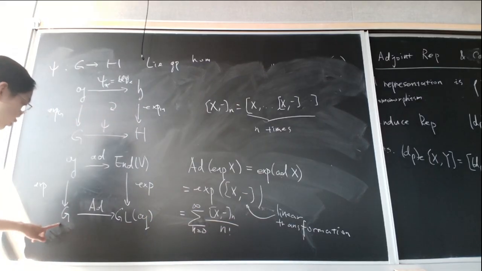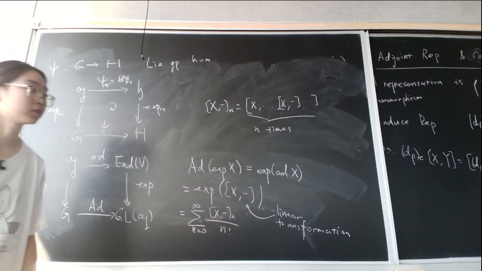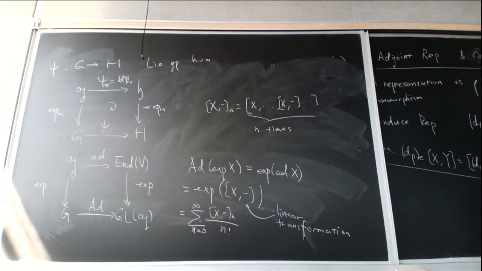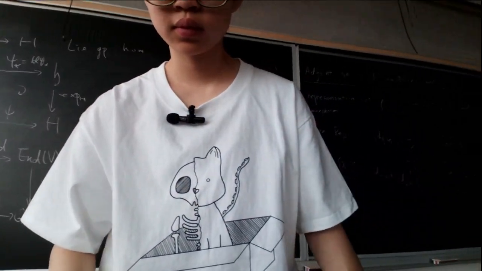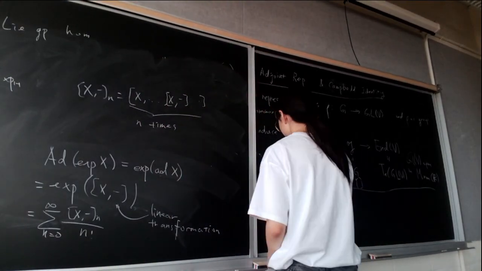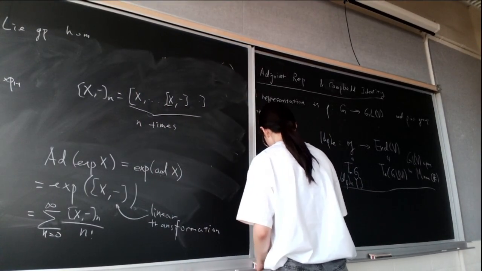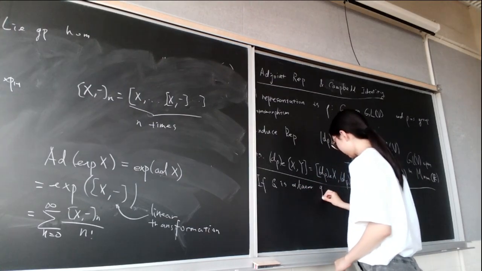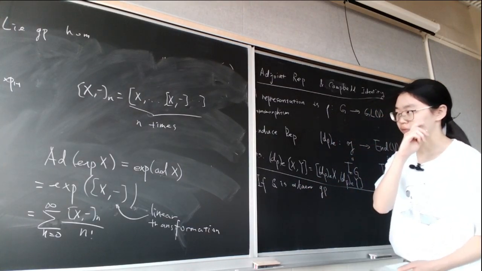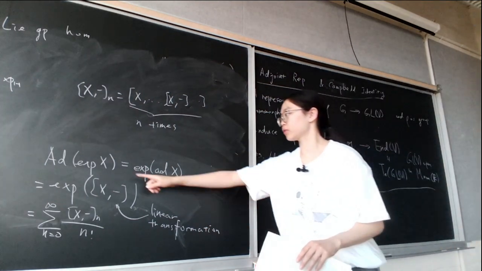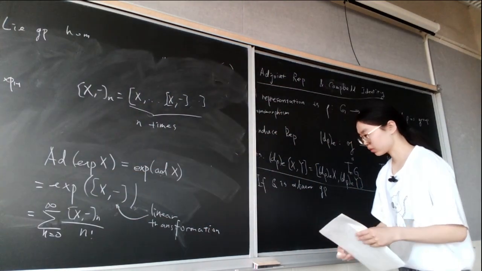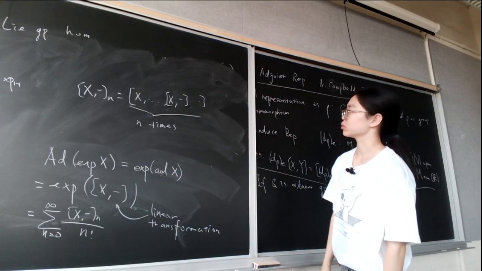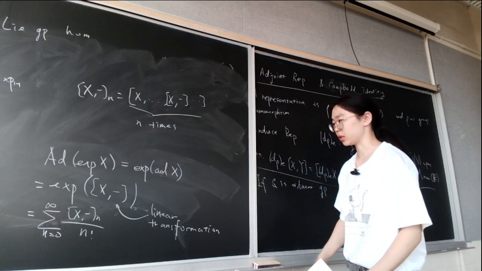If G is a linear group, the left-hand side is just what we just computed Ad is. It's just conjugation.